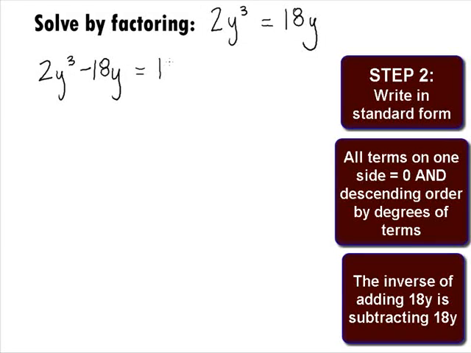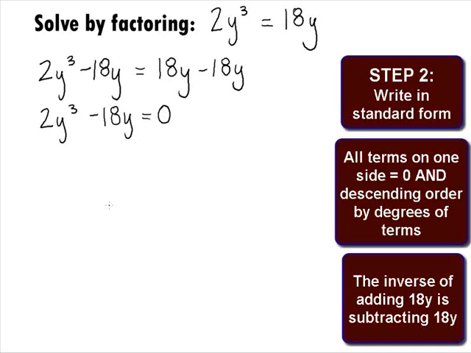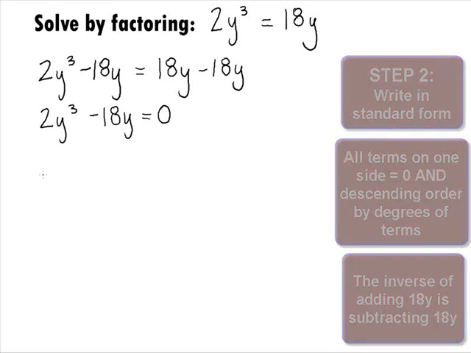When we do this, we get 2y to the third minus 18y equals 18y minus 18y. This will simplify to be 2y to the third minus 18y equals 0. Now it's in standard form, so we can move on to step 3.